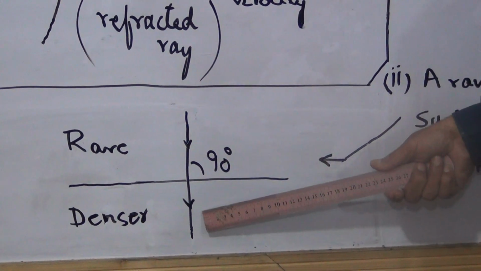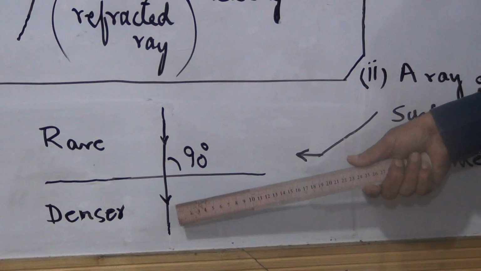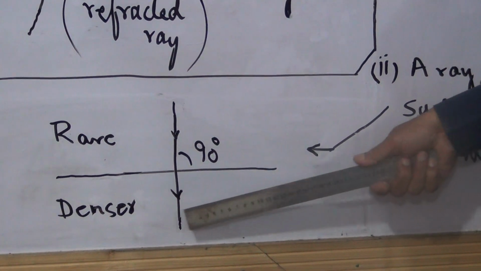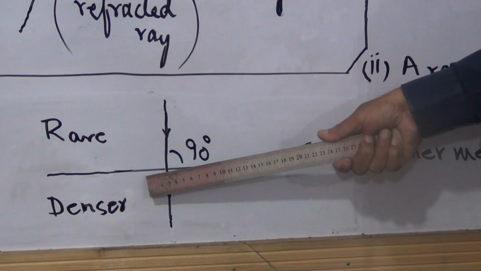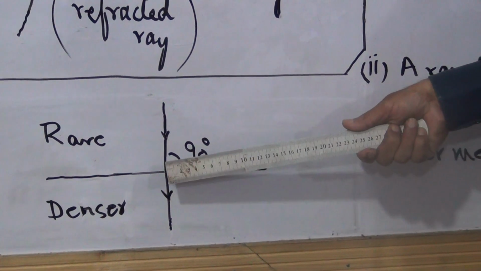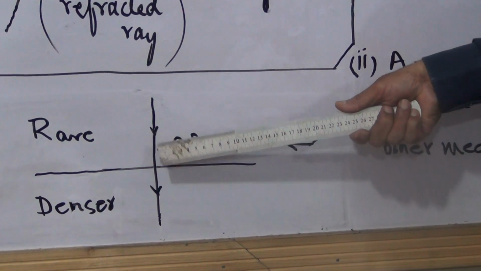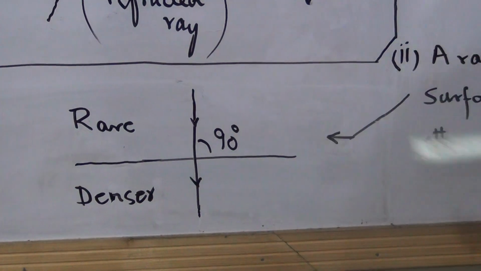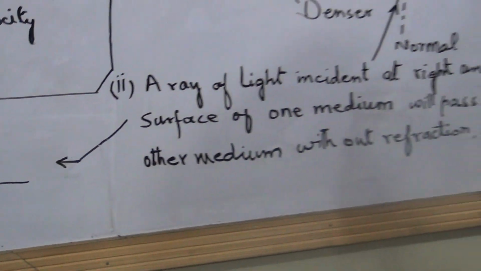It will go straight through the other medium, whether rare or denser. If it is coming from the denser medium at 90 degrees, then as well there is no change in direction or speed, it goes straight.